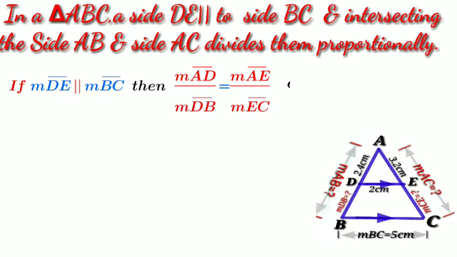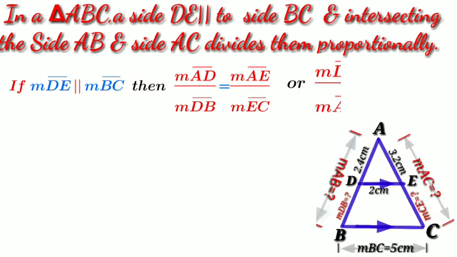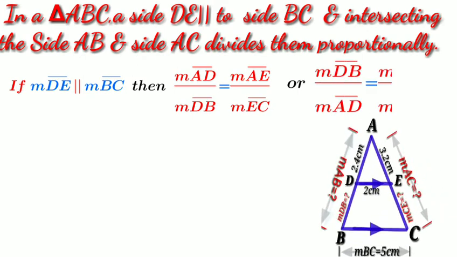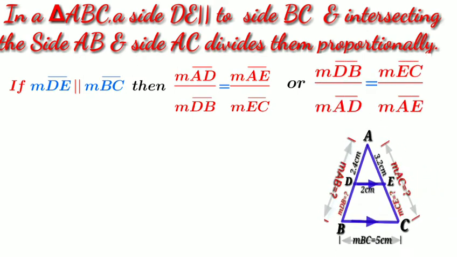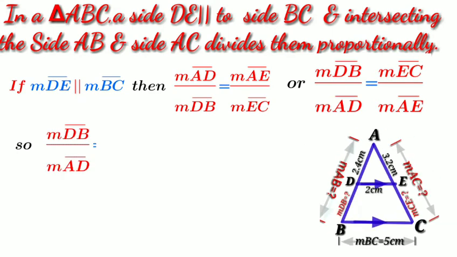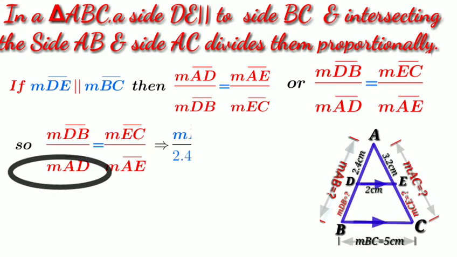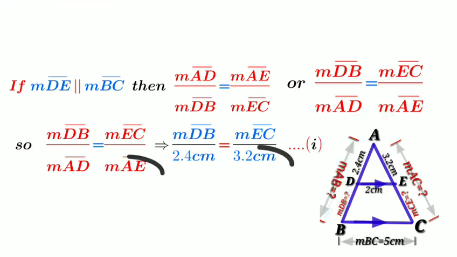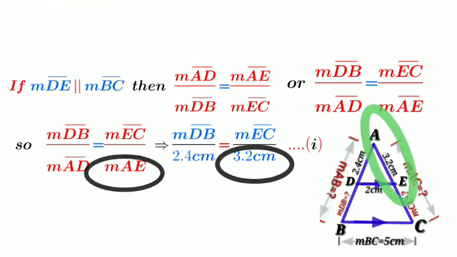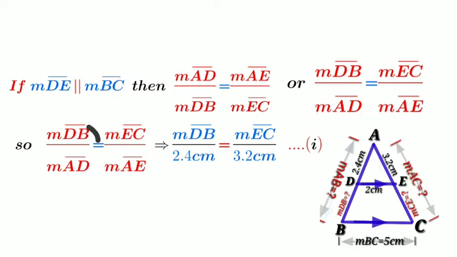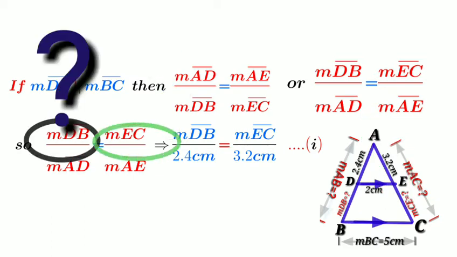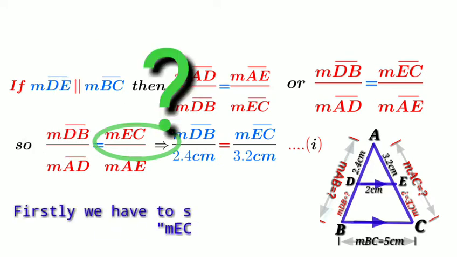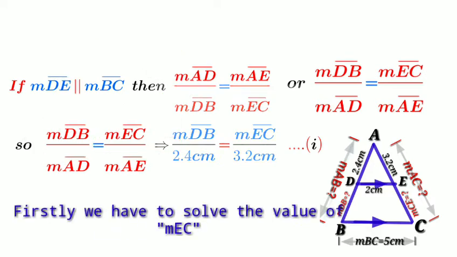Its reciprocal equation can also be written as, side DB ratio side AD is equal to side EC ratio side AE. Here the value of side AD is 2.4 centimeter and the value of side AE is equal to 3.2 centimeter. We have to find the value of DB and the value of EC in equation number 1. So firstly we solve the value of EC.